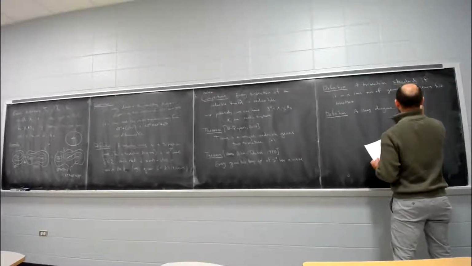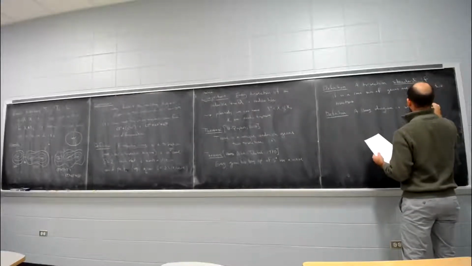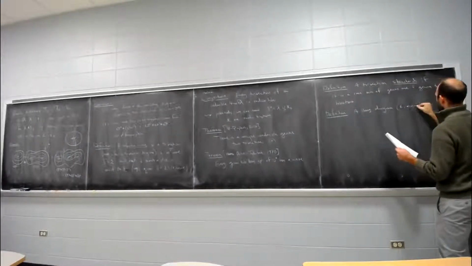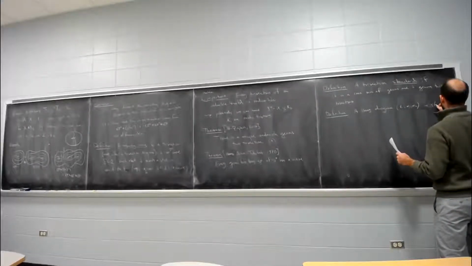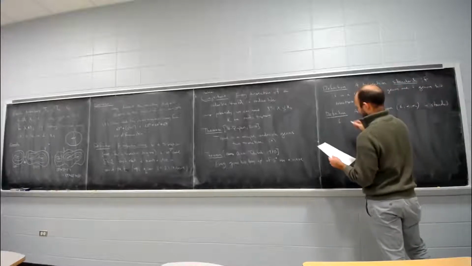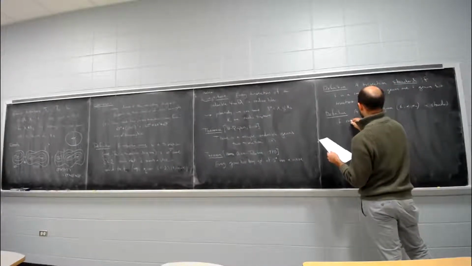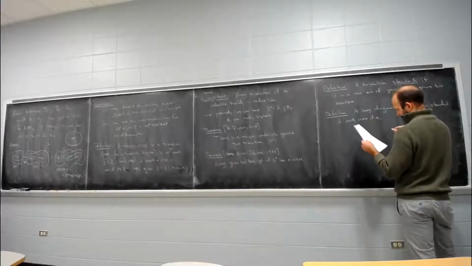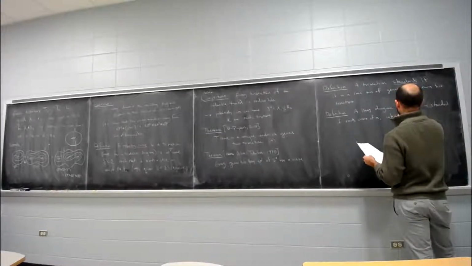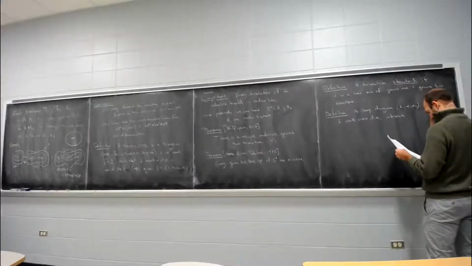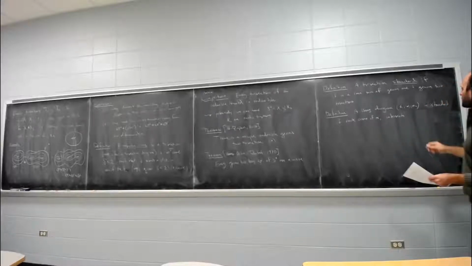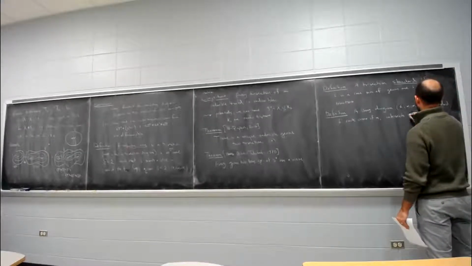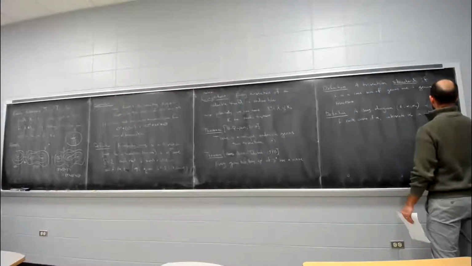A Heegaard diagram is standard. A Heegaard diagram (Sigma, alpha 1, alpha 2) is standard if each curve of alpha 1 intersects alpha 2 in at most one point.